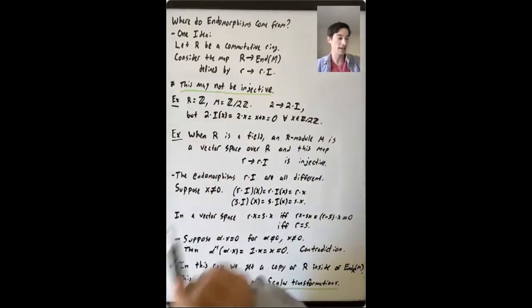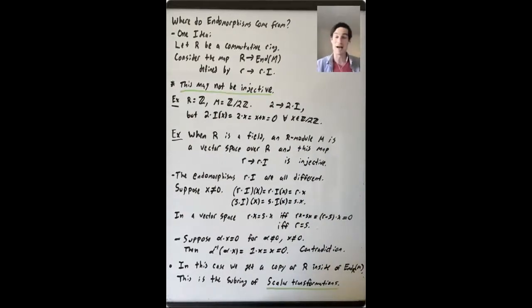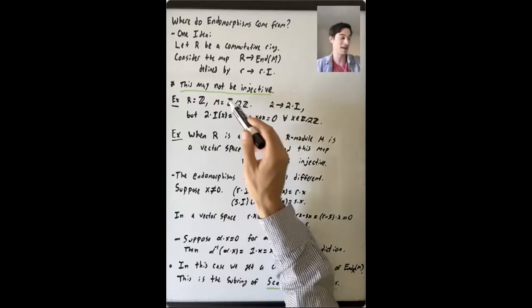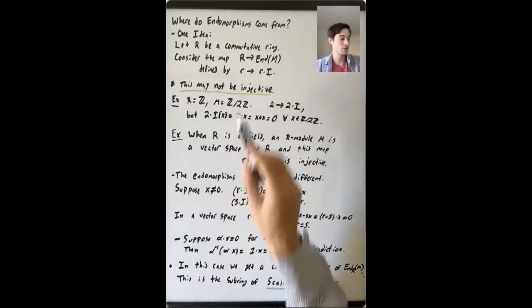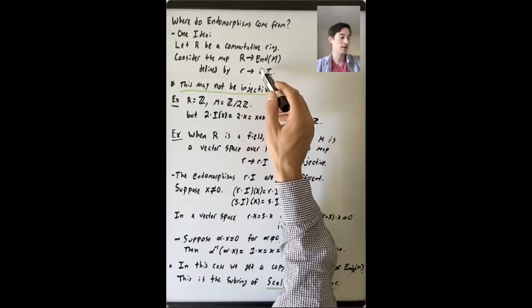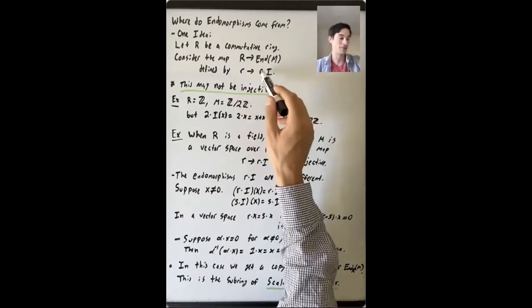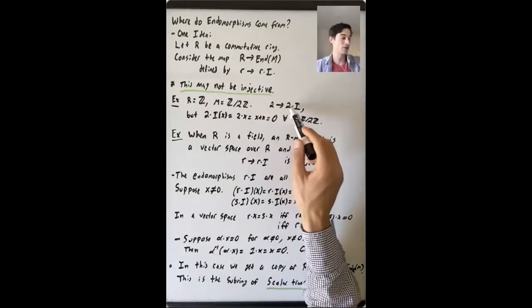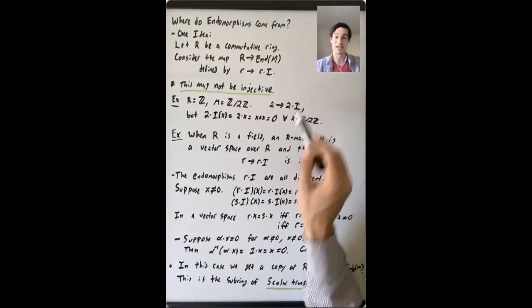If R is Z, so we're just looking at a Z module M, so an abelian group M. Let's take the simplest non-trivial one we can think of, Z mod 2Z. So what does this correspondence look like? Well, you just take an element of Z to the endomorphism given by that element times the identity. So 2 goes to the endomorphism 2 times the identity.